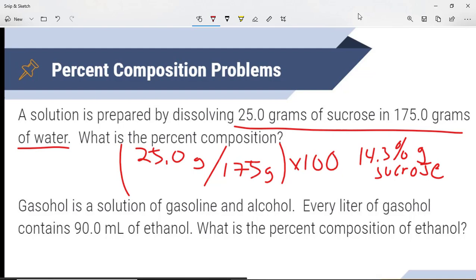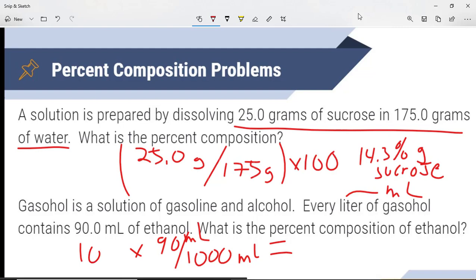Gasohol is a solution of gasoline and alcohol. Every liter of gasohol contains 90 milliliters of ethanol. What is the percent composition of ethanol? Again, same thing here. The only difference is instead of a liter, we're going to make sure that that's in milliliters. So we're going to take 90 divided by 1,000. Remember, these are milliliters. Times 100.